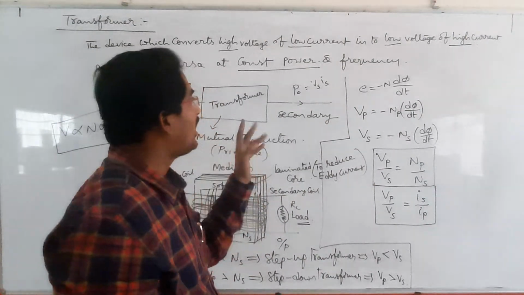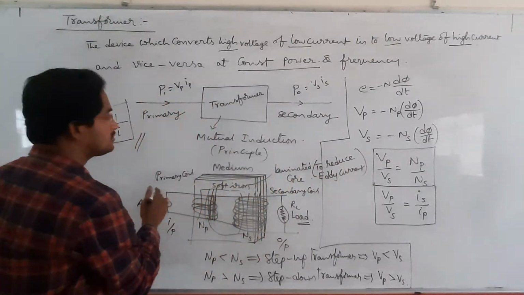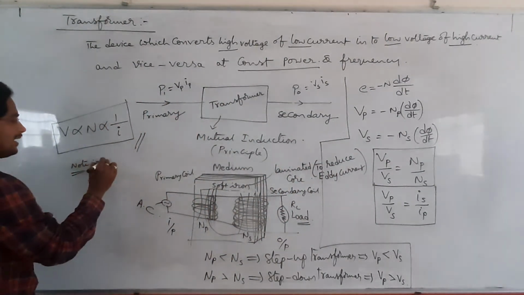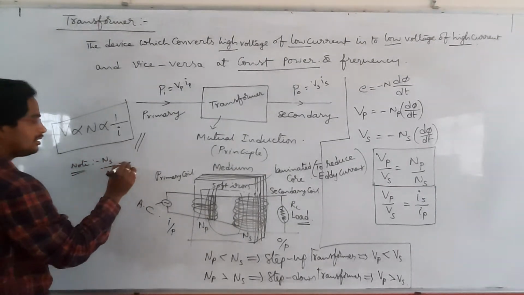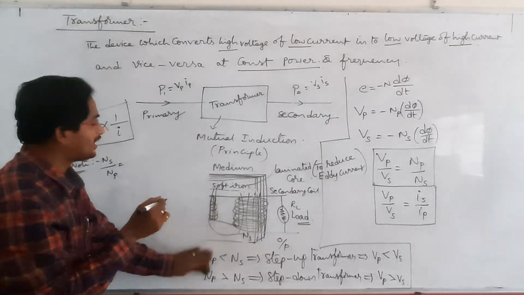Afterwards, Ns by Np is called the transformer ratio.